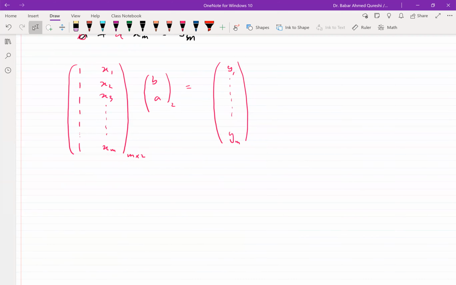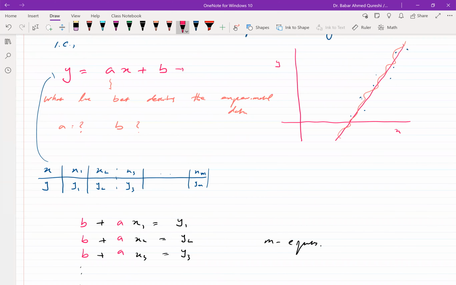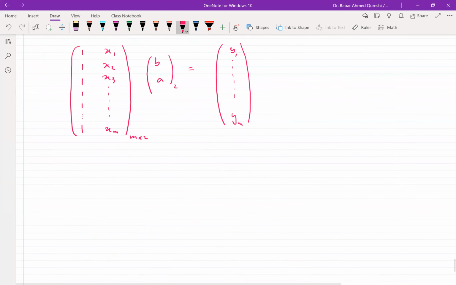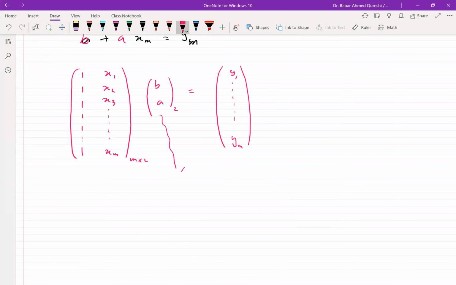And when you find that best fit over here, that will give you the approximate solution, which in some sense is the best. And that will give you these parameters.